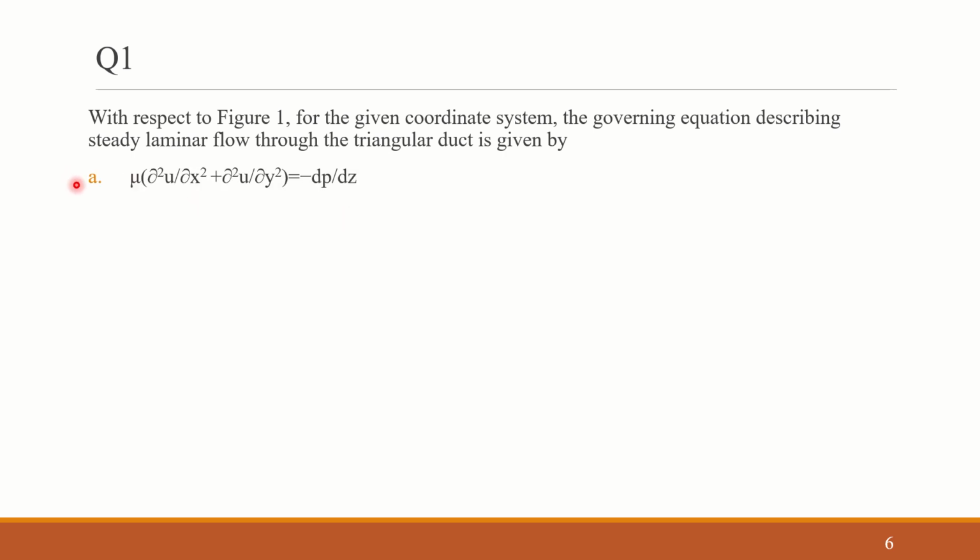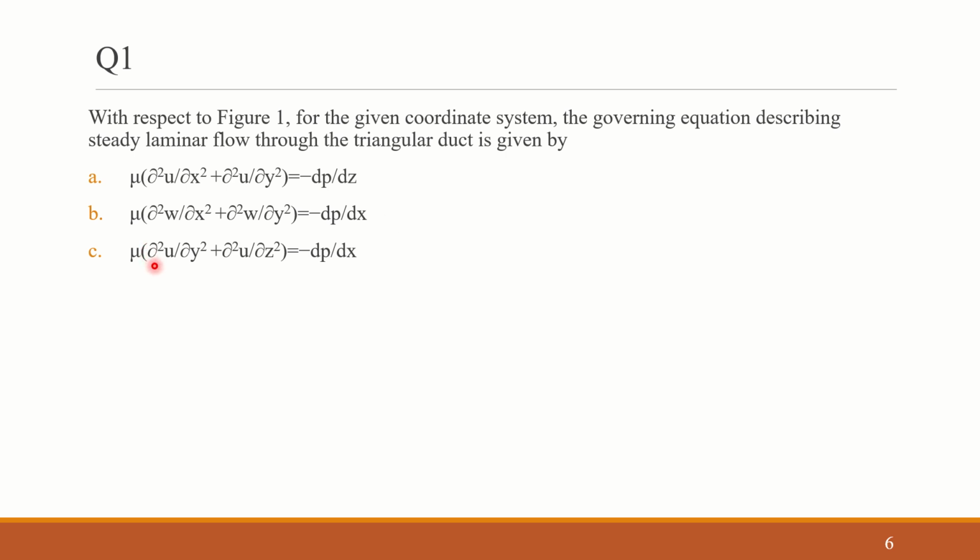First one, option A, it is mu into dou square u by dou x square plus dou square u by dou y square equal to minus dou p by dou z. And option B, it is mu into dou square w by dou x square plus dou square w by dou y square equal to minus dou p by dou x.